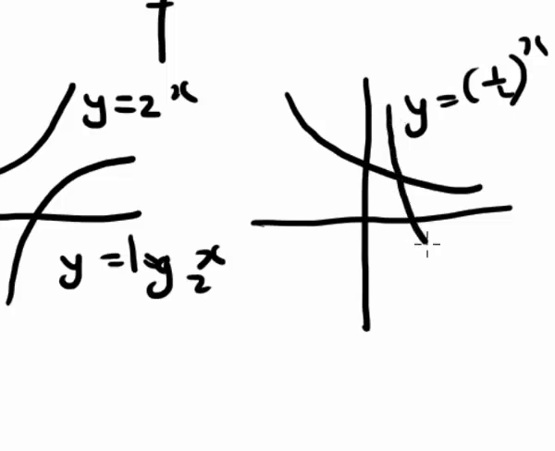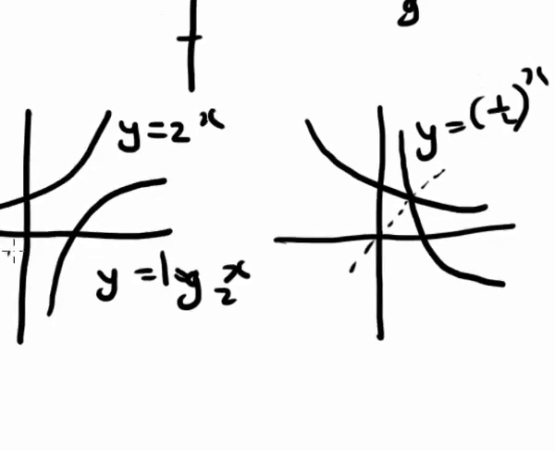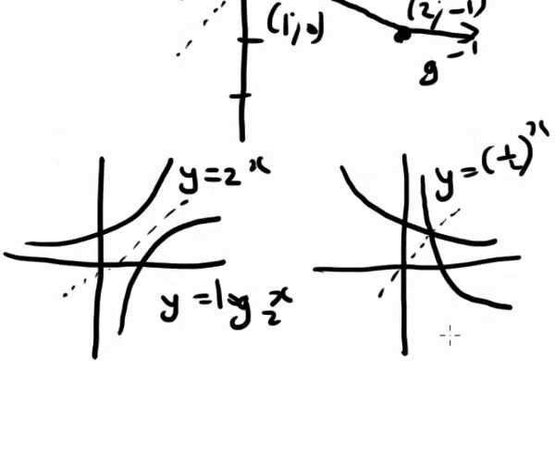The inverse does this, and you look at this, the line of symmetry here, the reflected line, is y equals x. This would be y equals log of x to base a half. You see that there? These are wonderful shapes. These are called the logarithmic graphs. They're the inverses of the exponentials, and they are very useful. We develop a whole lot of theory out of this when we deal with that.